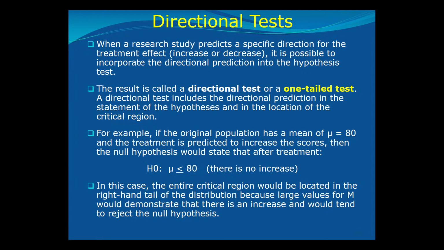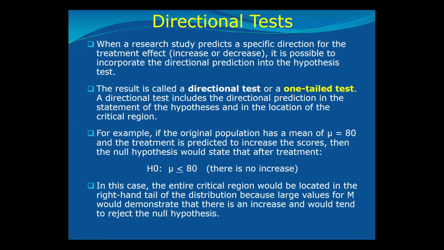For example, if the original population has a mean of mu equals 80 and the treatment is predicted to increase the scores, then the null hypothesis would state that after treatment there is no increase.